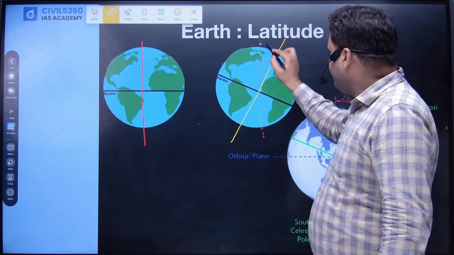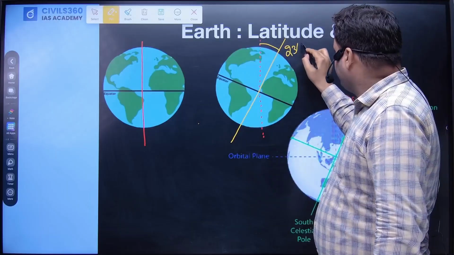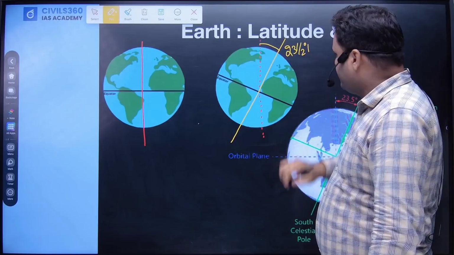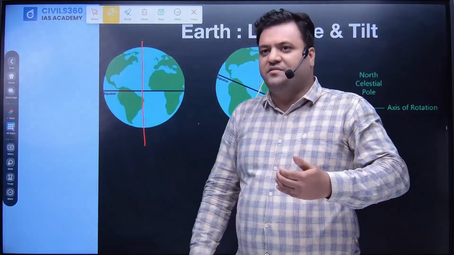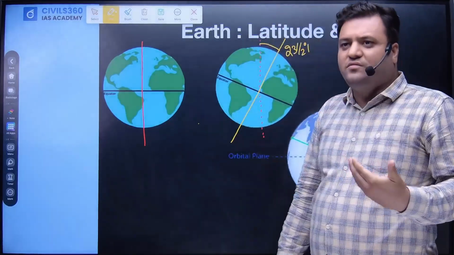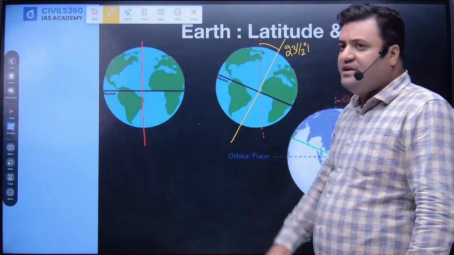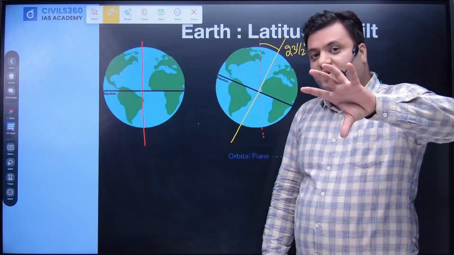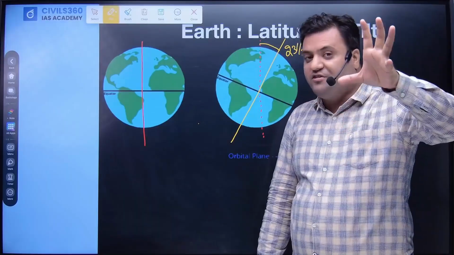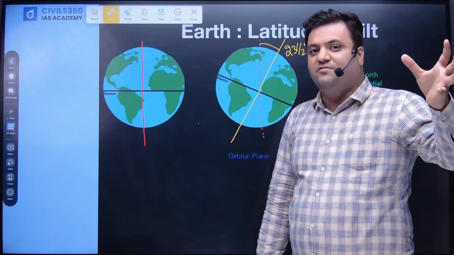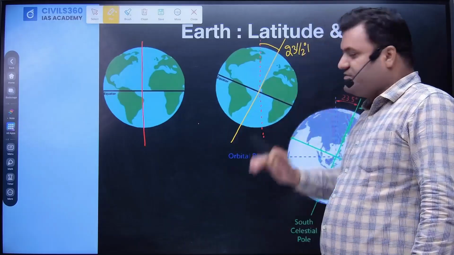There is an angle from the real axis of our Earth, and that is 23.5. That's why there is a Tropic of Cancer, Tropic of Capricorn, 23.5 north, 23.5 south. So it's because of this tilt.